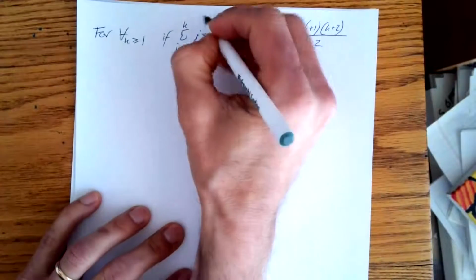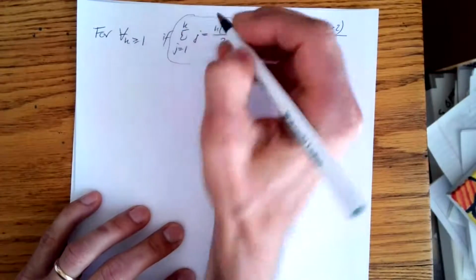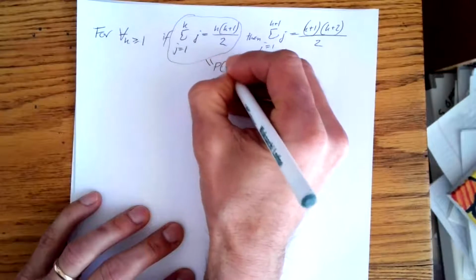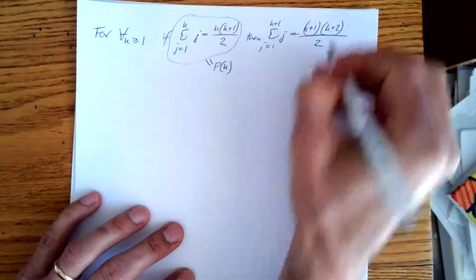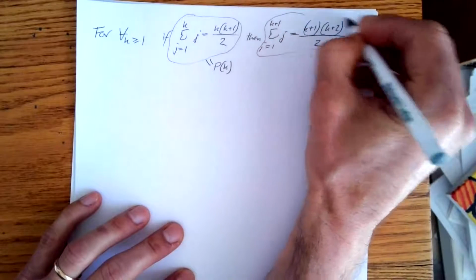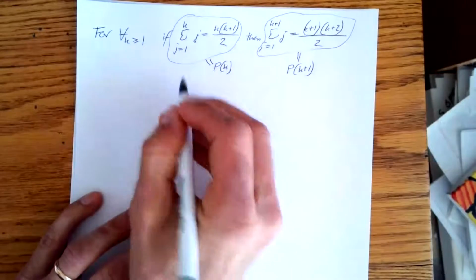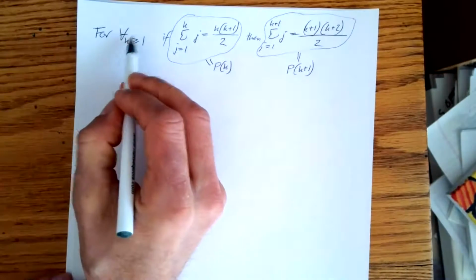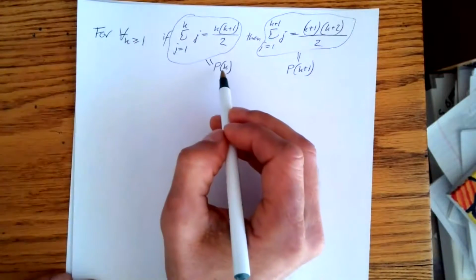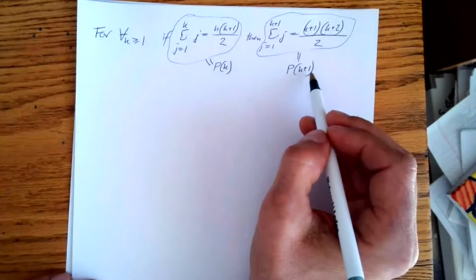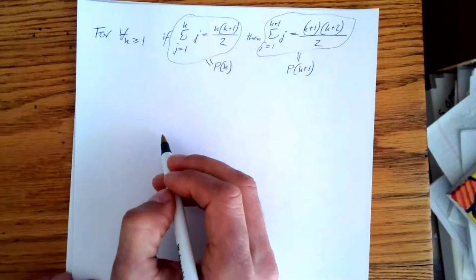And this predicate is, by the way, P of k, whereas this thing is P of k plus 1, and therefore the whole thing has the form: for every k from 1 on, if P holds on k, then P holds on k plus 1.